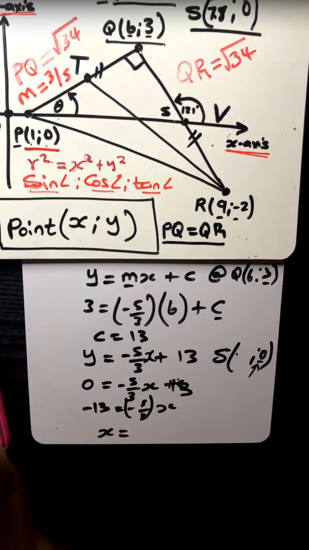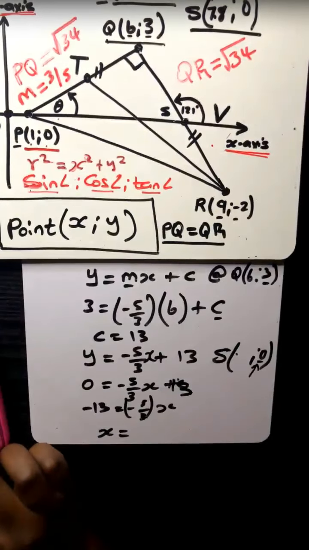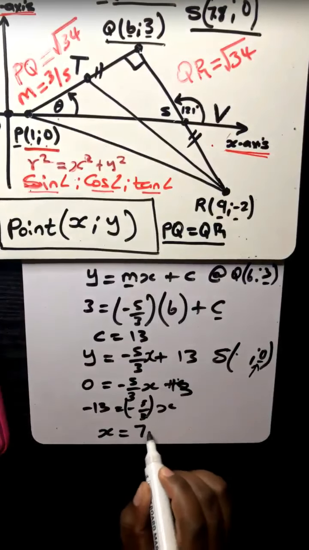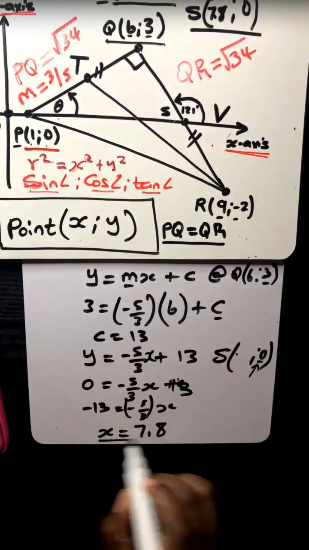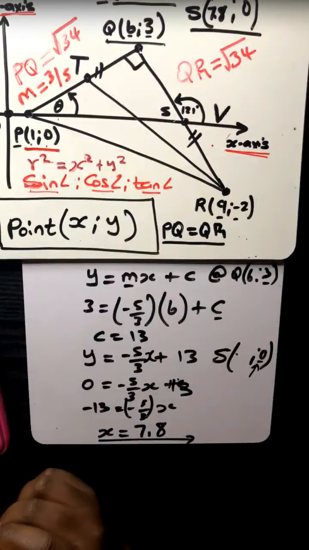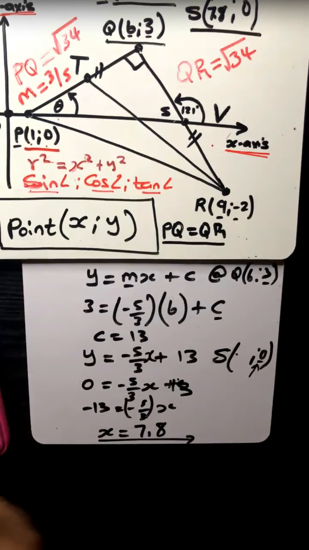So that means I've got -13 divided by -5 over 3, which is equal to, I'm getting 7.8. I'm not sure if you are also getting the same answer. So based on that first method, did we say the x value for S is 7.8? Did we get that?